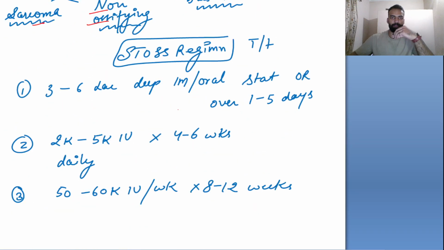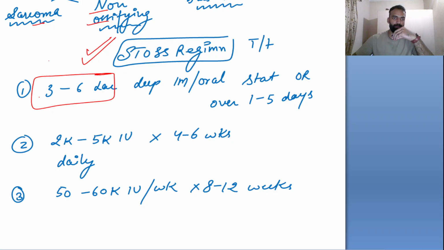In treatment, there is the Stoss regime. I have never remembered this because you have to cram it very much, but still you will not remember it. So you can leave it. For the sake of this topic, it is 3 to 6 lakh units deep IM or oral stat, or over 1 to 5 days you have to give.